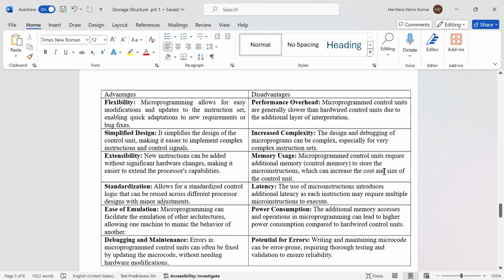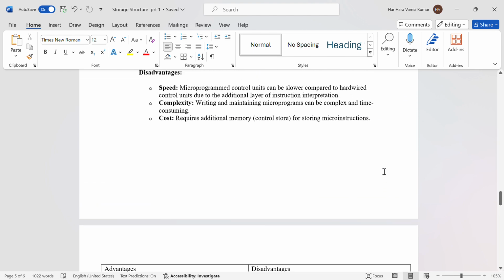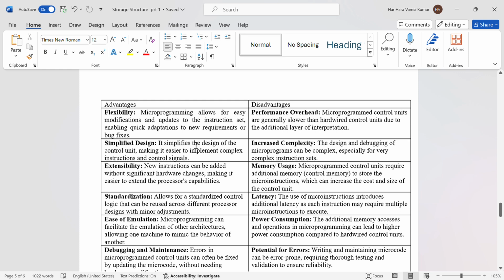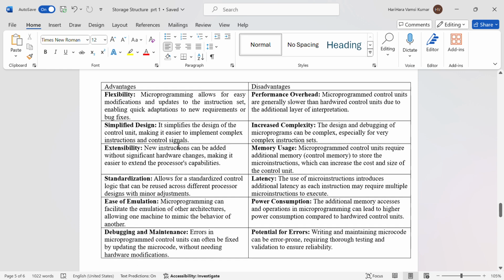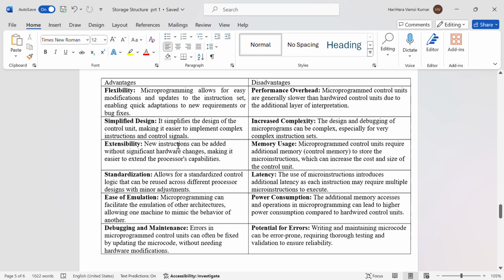Here is a table about the advantages and disadvantages of microprogramming. First of all, we go through the advantages. Flexibility: microprogramming allows for easy modification and updates to the instruction set, enabling quick adoption of new requirements or bug fixes.